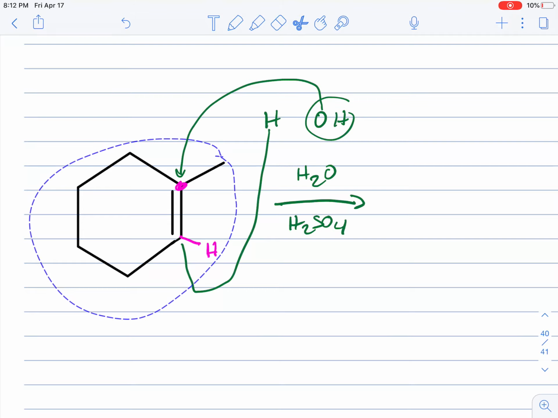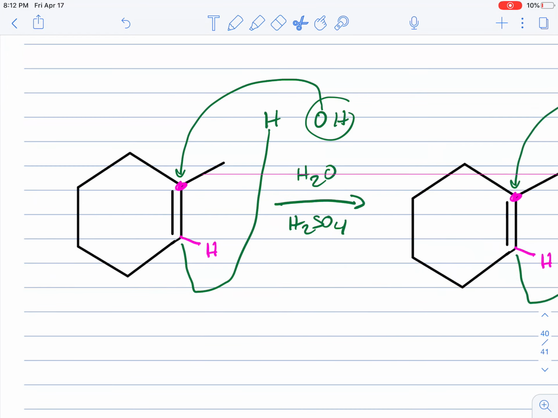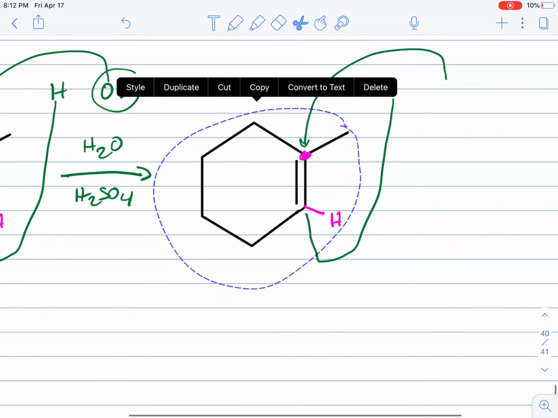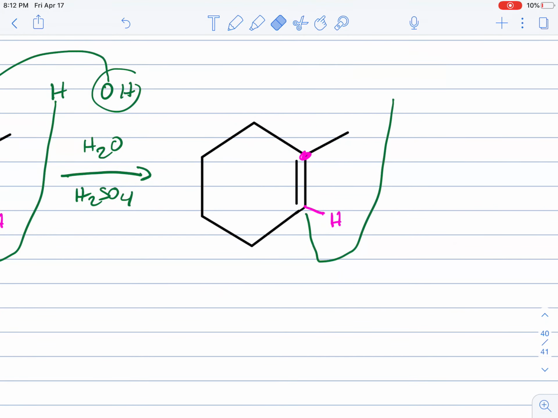And so if I were to copy my structure, I would get an OH, and I would get an H. Now if I want to ignore all of these hydrogens because they're not really included in my skeletal structure, I can do so. If you want to keep them, that's fine. But this would be my final answer.